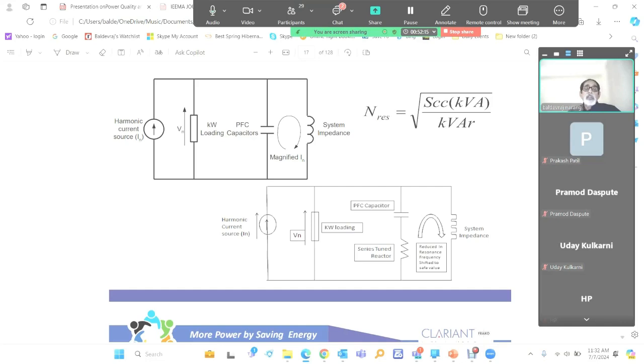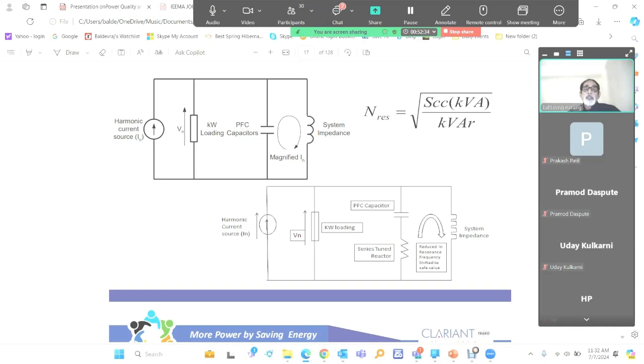Normally we always have fifth and seventh harmonics in the system, and when resonance takes place at any one of them, that harmonic gets amplified. The 10% may become 30%. So it is not only the generated harmonics, it is the amplified harmonics due to resonance, which are also flowing to the capacitor and going back to the system.